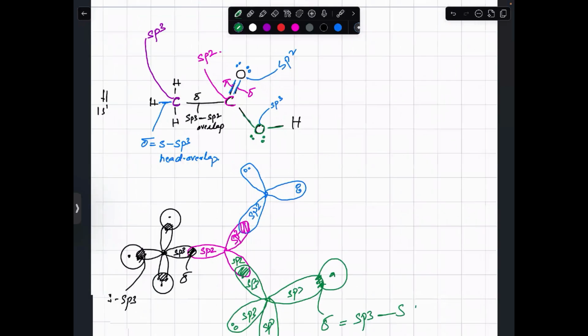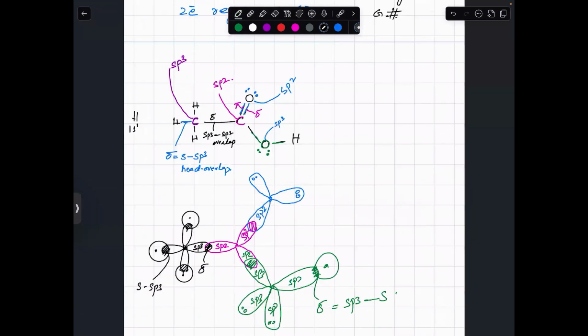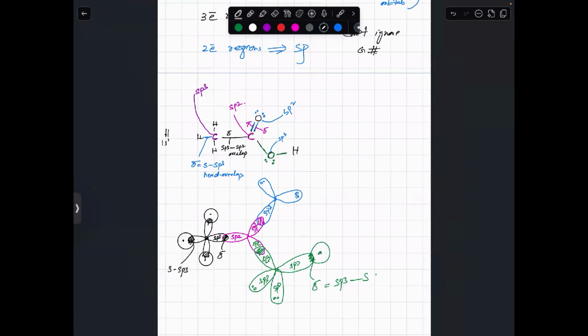Now coming to the pi bond. There is this p orbital, perpendicular to the plane of the three sp2 orbitals. These p orbitals are parallel. The sigma bond brings the two so close that they overlap above and below, and they make a pi bond.